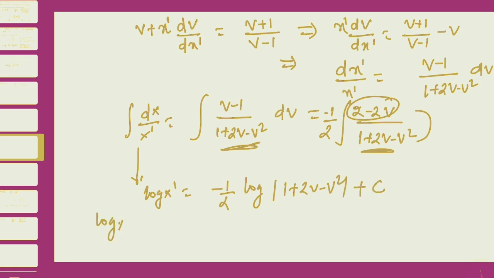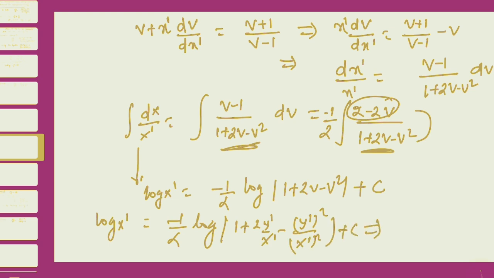So we will replace the value of v, which is y'/x'. So 1 + 2y'/x' - (y'/x')². Plus c. Now we will replace the values again.